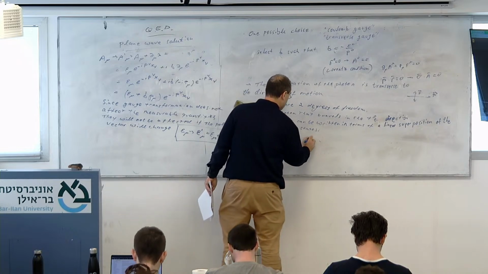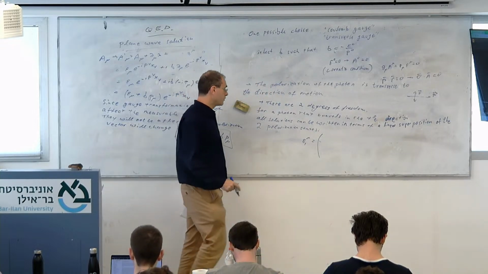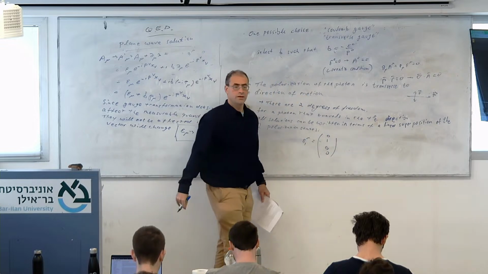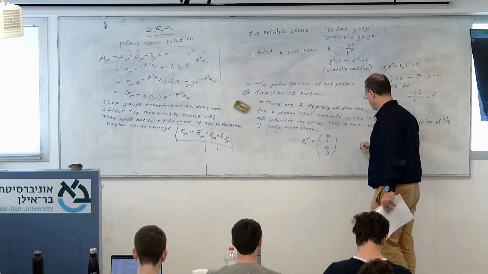Epsilon 1 mu would be what? 0, 1, 0, 0, right? And epsilon 2? 0, 0, 1, 0.